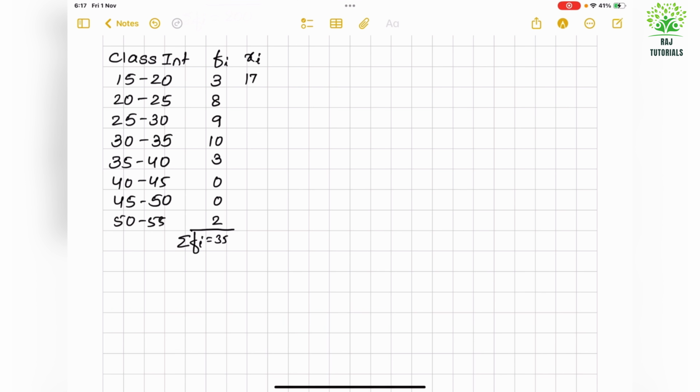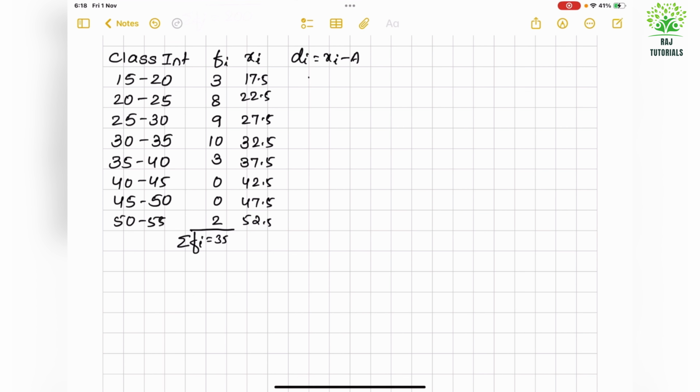So xi will be 17.5, then 22.5, 27.5, 32.5, 37.5, 42.5, 47.5, and 52.5.